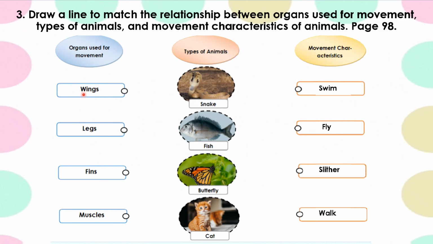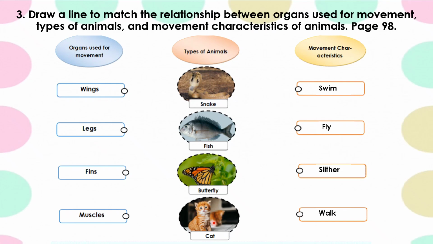For example, we have wings. Which type of animals use their wings to what? Is it to swim, to fly, to slither, or to walk? Next we have legs. Which animals use their legs to move?